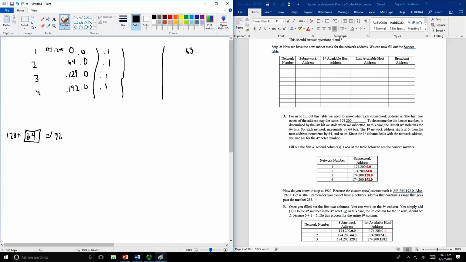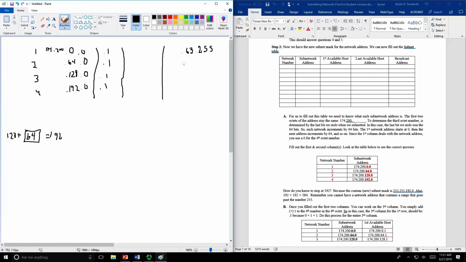And remember, the last quadrant is dealing with the hosts, and since we didn't steal any bits from the last quadrant, we can have up to 254 hosts, which means that our broadcast address will be .255.